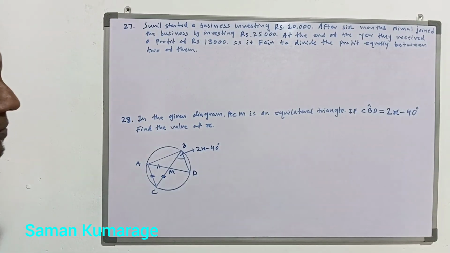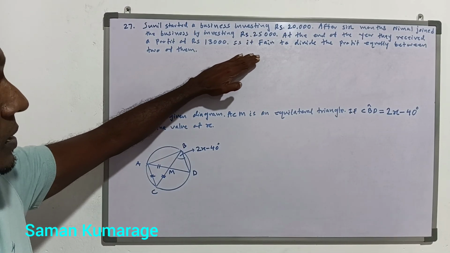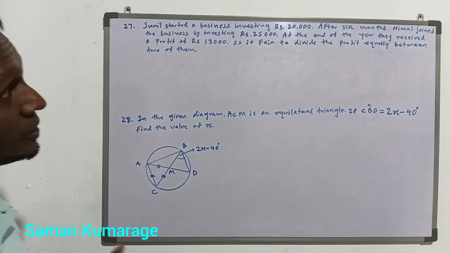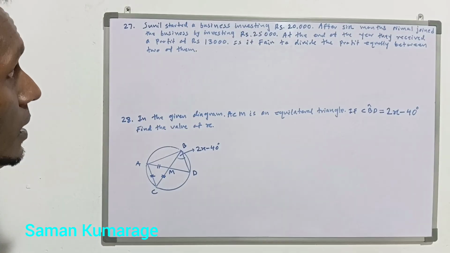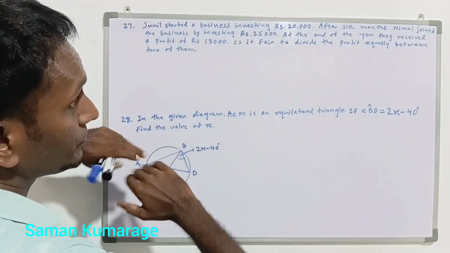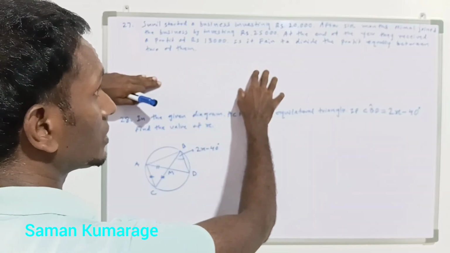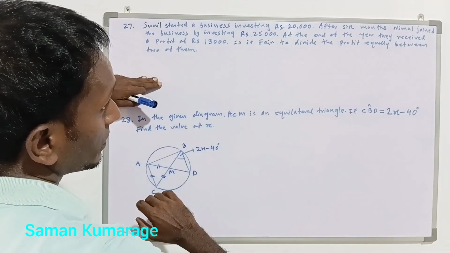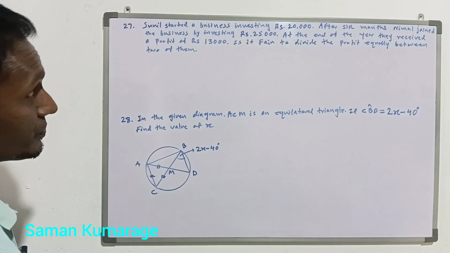So we have studied that in a compound business partnership like this, in order to ensure the fairness of distributing the profit, the profit is distributed based on the ratios of the product of the amount they invested and the time period they have invested for.